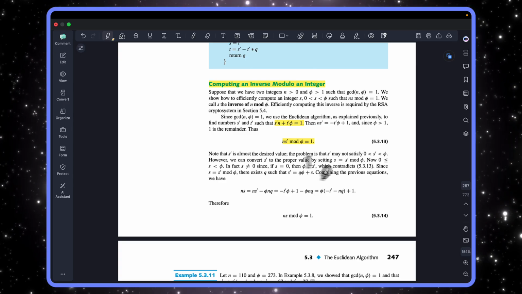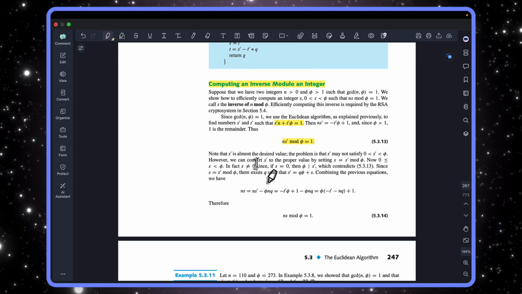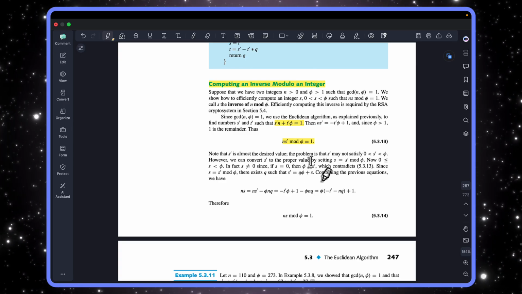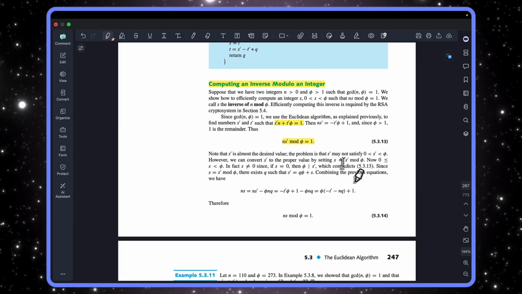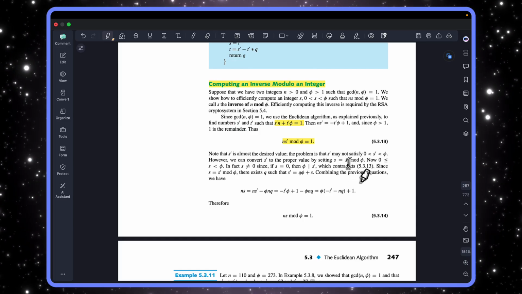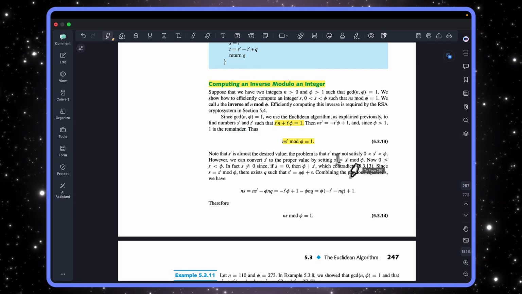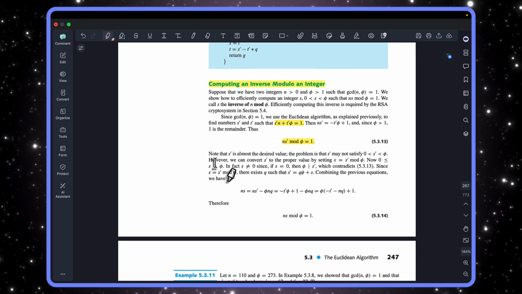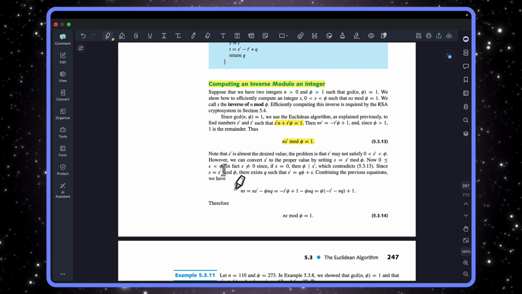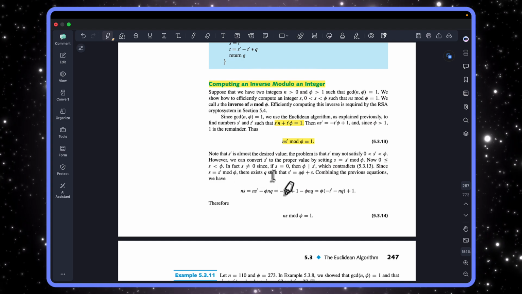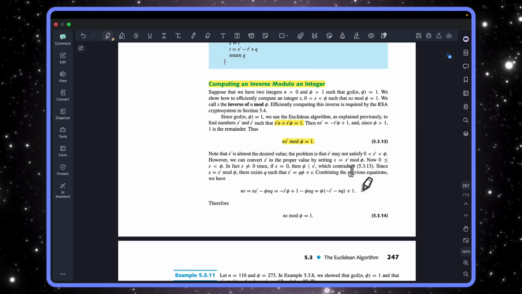So we need to convert s prime to a proper value by setting s equal to s prime mod phi. That guarantees that s is less than phi, and in fact s is not 0. And that's what we do.